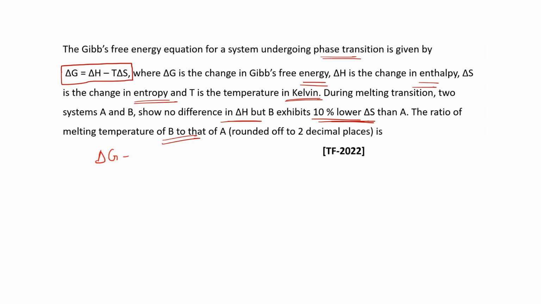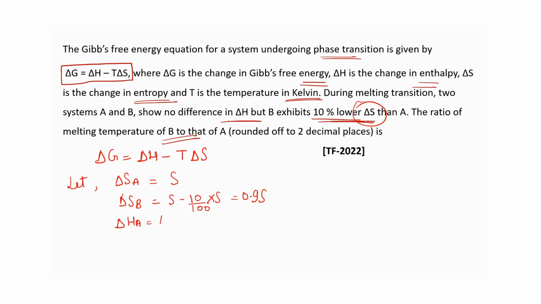So the equation that is given is delta G is equal to delta H minus T delta S. So let delta S of A be equal to S. It is the change of entropy for system A. So delta S for B is 10% lower than that of A. That means S minus 10% of S, 10 upon 100 into S, that means 0.9 S. It is given that there is no change in delta H, meaning delta H of A is equal to delta H of B, so H is constant.